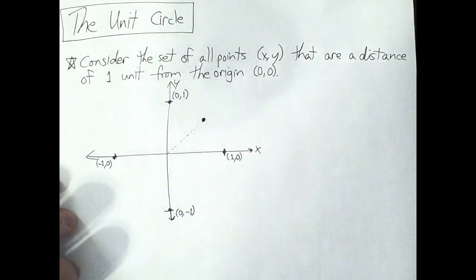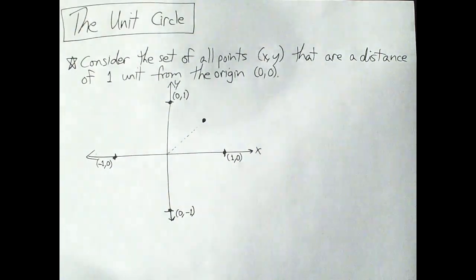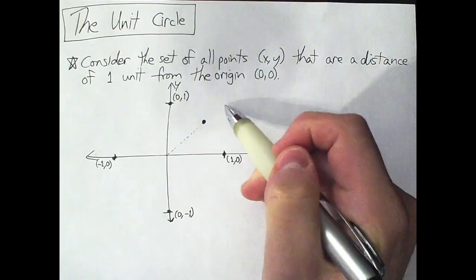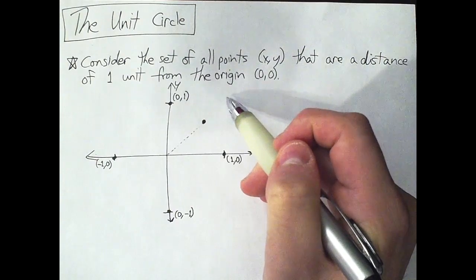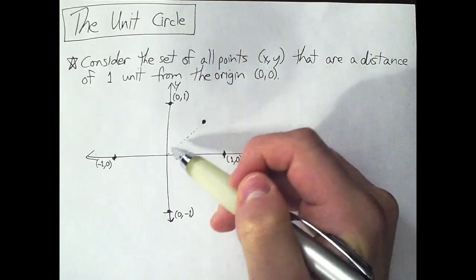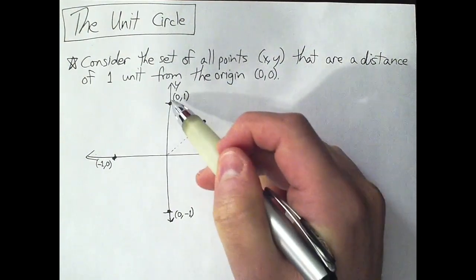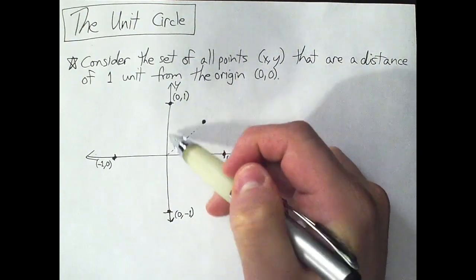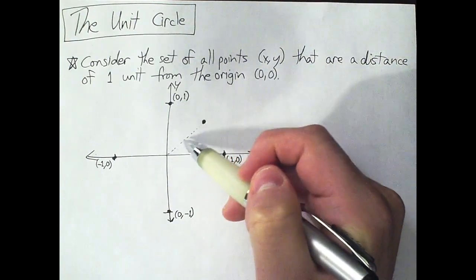Can we say that maybe that would be about a distance of 1? Right? I don't want to go all the way up here to (1, 1). That would be too far. That would be a longer distance. I'm trying to go about this, like the length of this line segment should be equal to this.